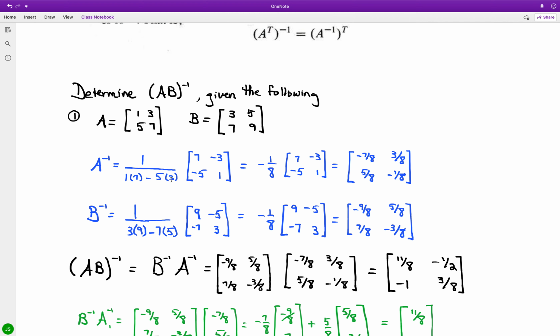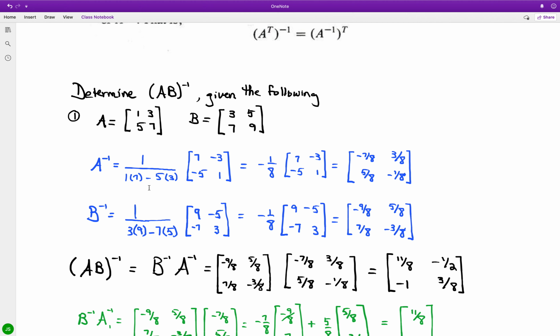And again, we have D, which is 7, then negative B and negative C respectively at negative 3 and negative 5, and A in the bottom right hand corner.